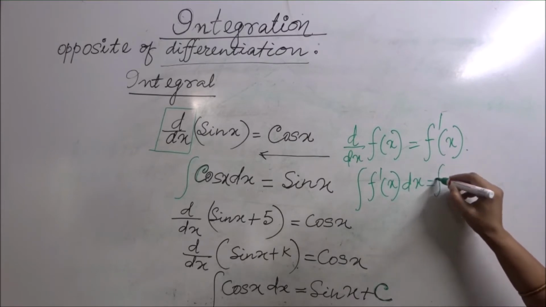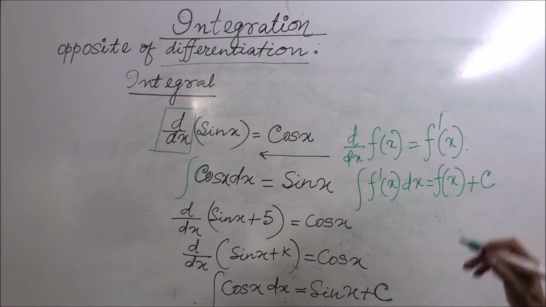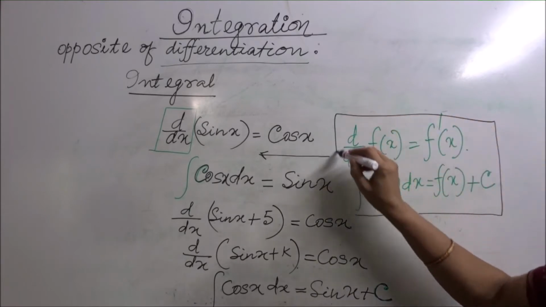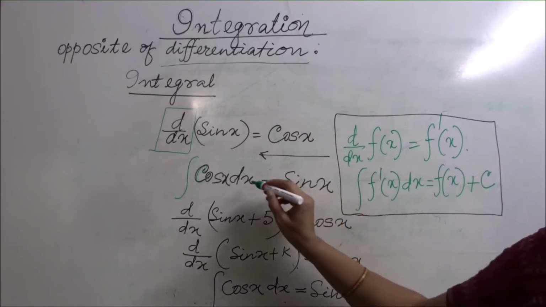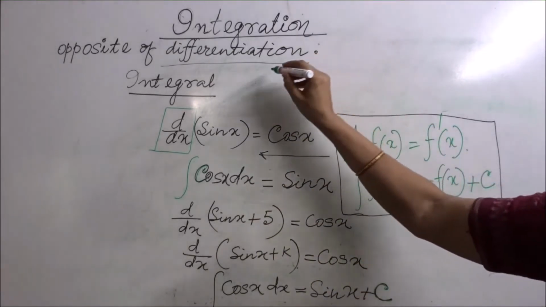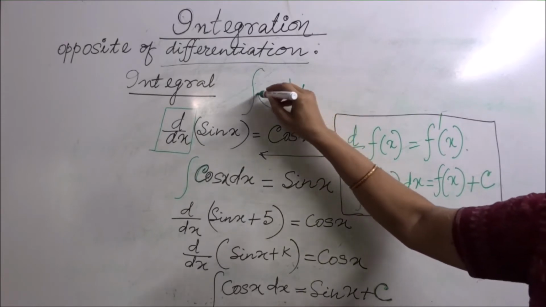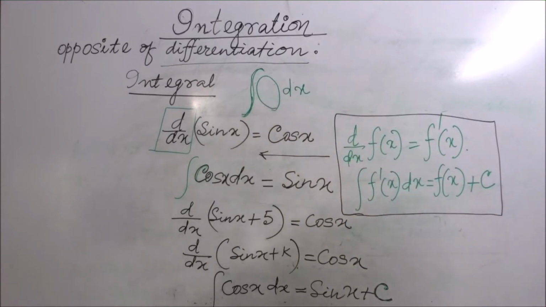It is f x plus a constant, that is c. So this is the concept of integral. For integration, again I repeat, this symbol must be there, the integral sign, and with respect to x, here there will be the function which you want to integrate.